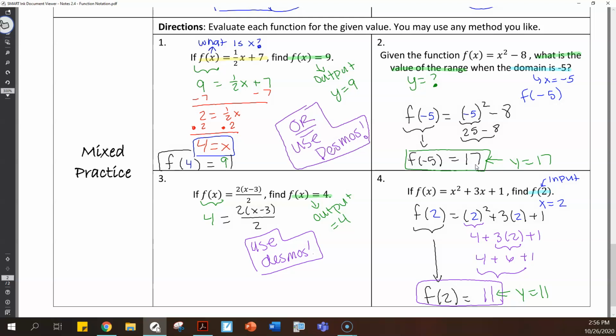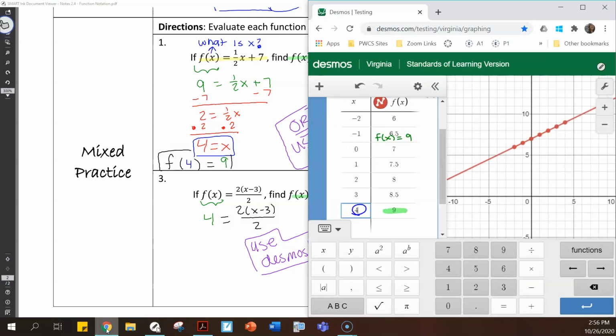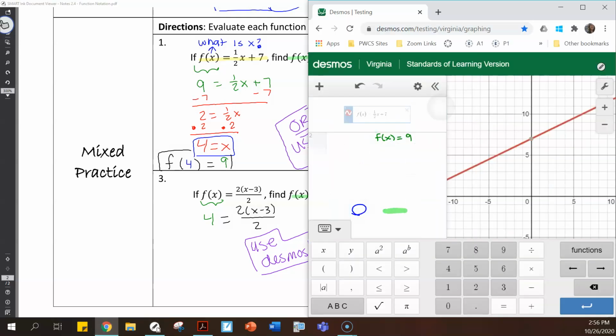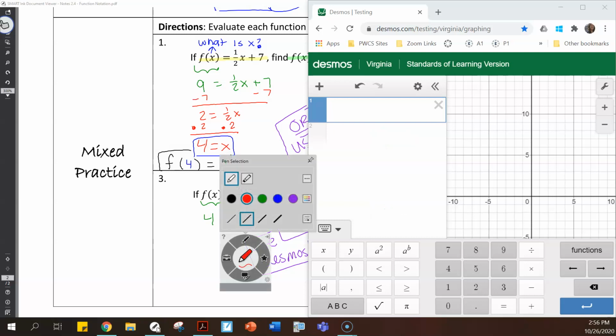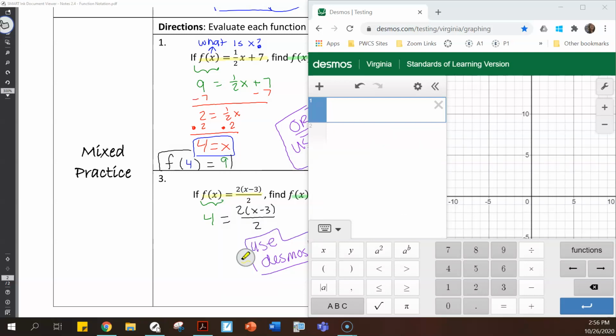For number 3, they give me the output value. If f of x equals 2 times x minus 3 over 2, find x when f of x equals 4. They give you the output value, so I want to use Desmos here. I'm going to follow the same process. I'm going to type my function exactly the way that I see it into Desmos.